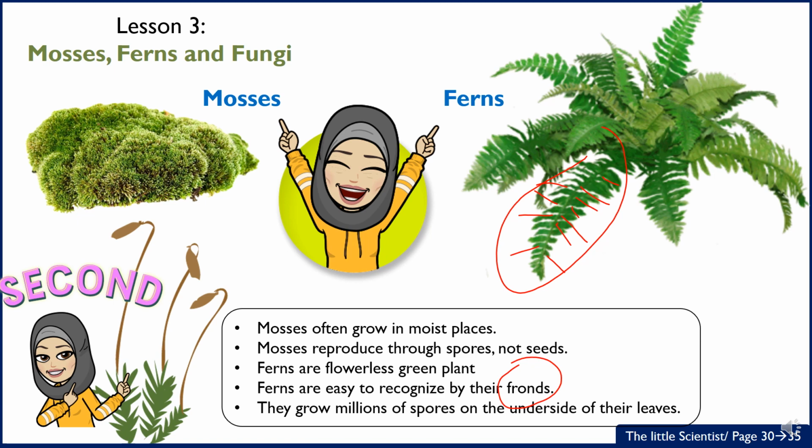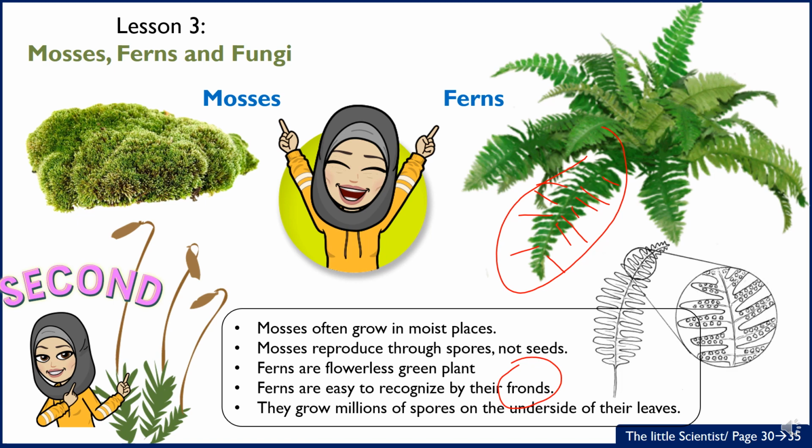Both mosses and ferns can reproduce by making spores. They don't need a male and female to make spores. And the spores can be found on the underside of the leaves.